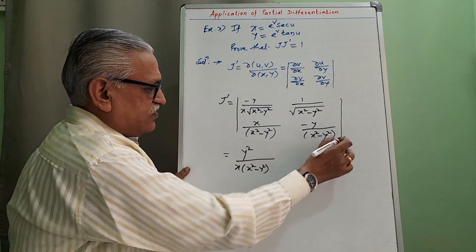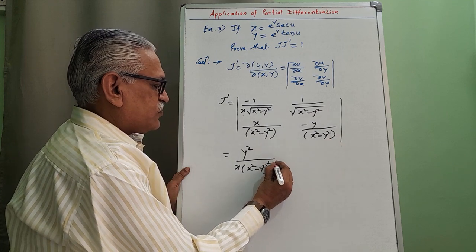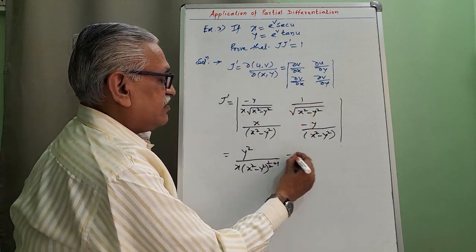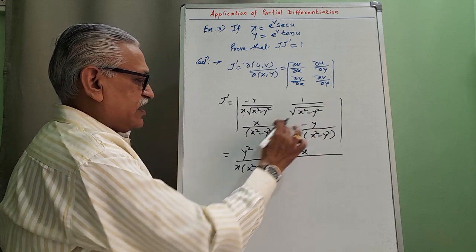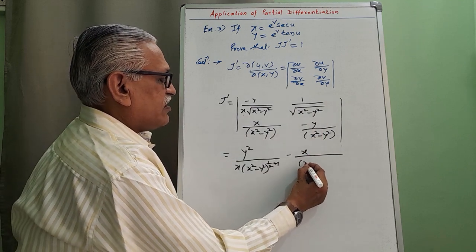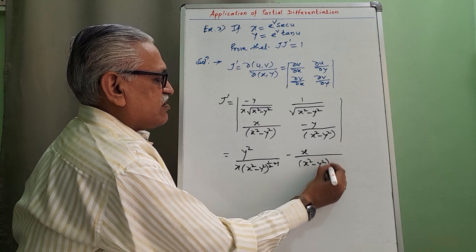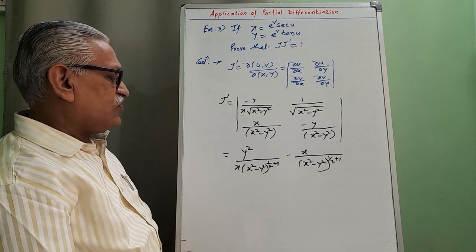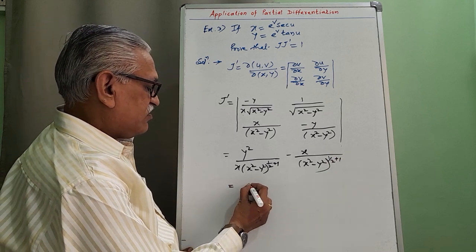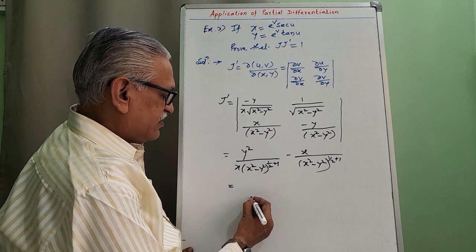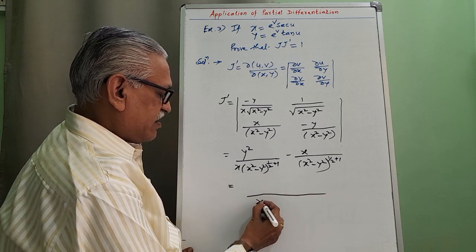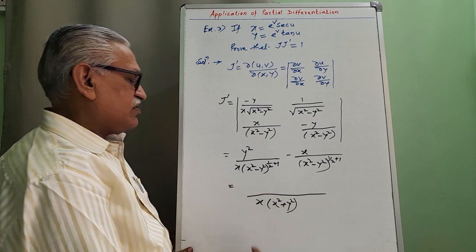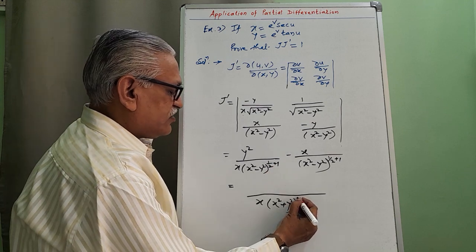here it is 1 by 2 and here 1, therefore it is 1 by 2 plus 1, adding the power, then minus x upon, again a product of this, it is x square minus y square, 1 by 2 plus 1, and therefore we get, we take the LCM as x into x square minus y square, 1 by 2 plus 1 we get as 3 by 2.